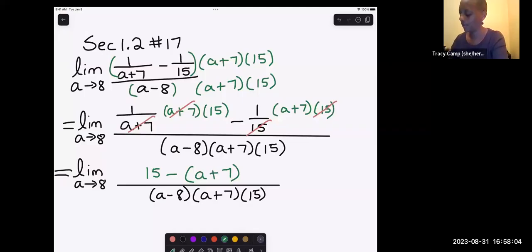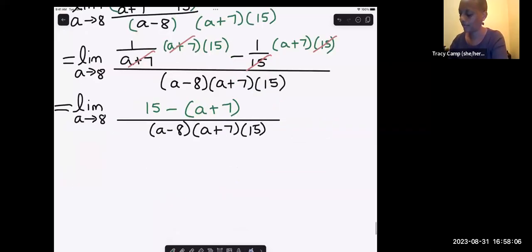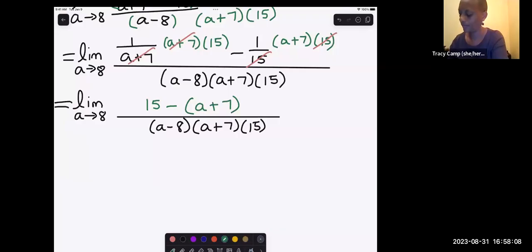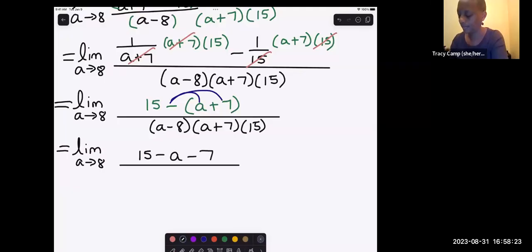And now I'm going to distribute that minus. Combine like terms.